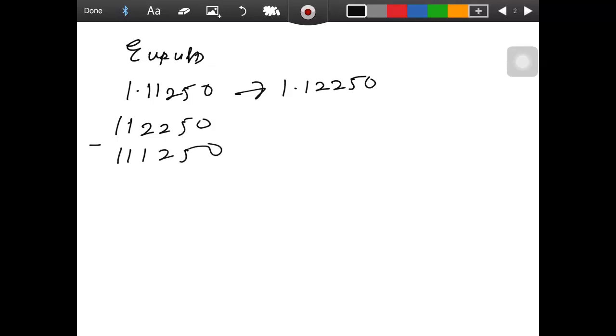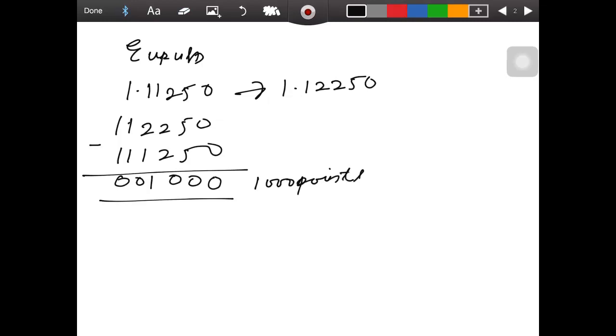Then you do your subtraction. Now you can see this is 1000 points.